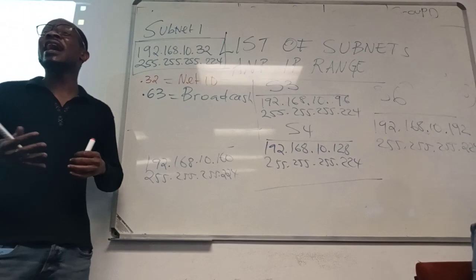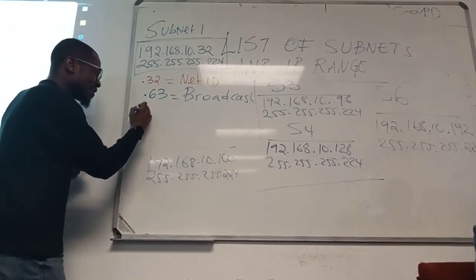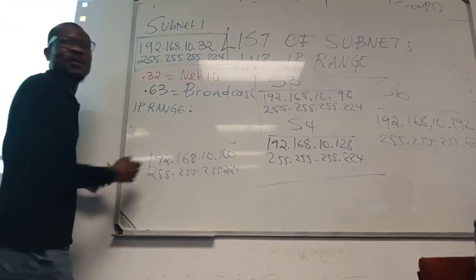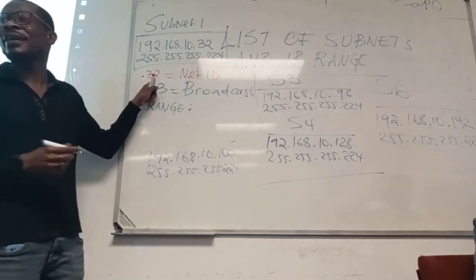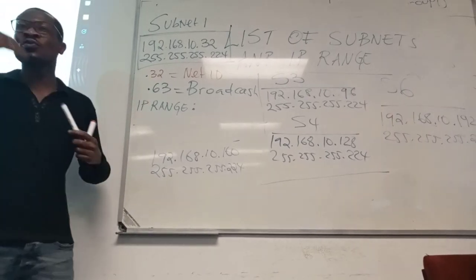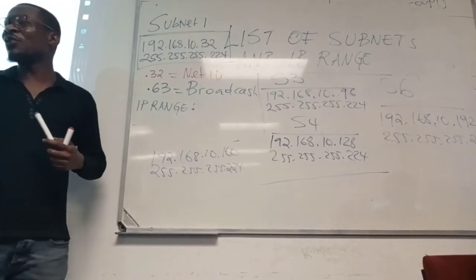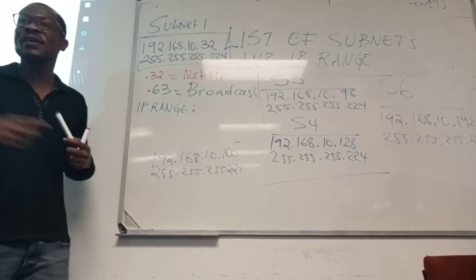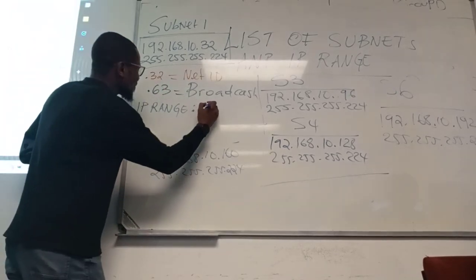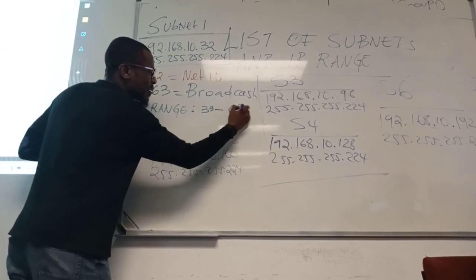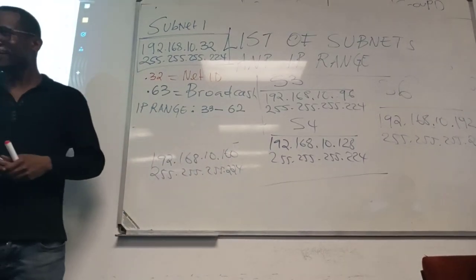So when they're asking you for the IP range, what are the IPs that you can give to your computers? Right? You're going to start from where? 33, 34, right? 192.168.10.33, .34, .35, .36, so on. So from 33 up to 62.